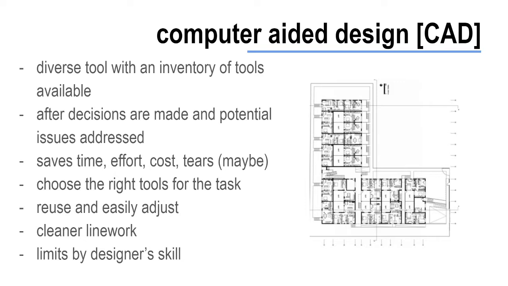My recommendation when it comes to CAD work versus hand drawing is to choose the right tool for the task at hand. It depends what you are being asked to do and how much time it's really going to take to set it up on the computer versus just doing it by hand.